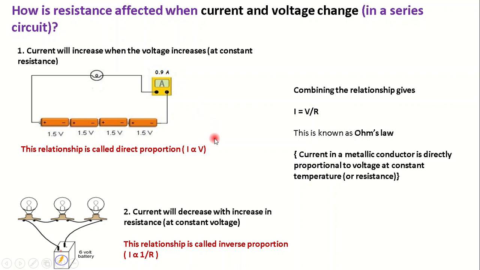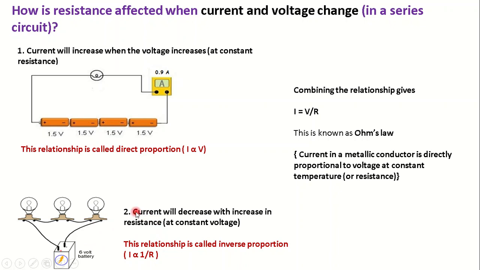In that case, we can say that current and voltage have this kind of relationship, direct proportion. They are directly proportional. So I here represents current and V here represents voltage, and this symbol here is a symbol for direct proportion. So current is directly proportional to voltage. When you increase voltage by increasing the number of cells, you're also going to increase the current.